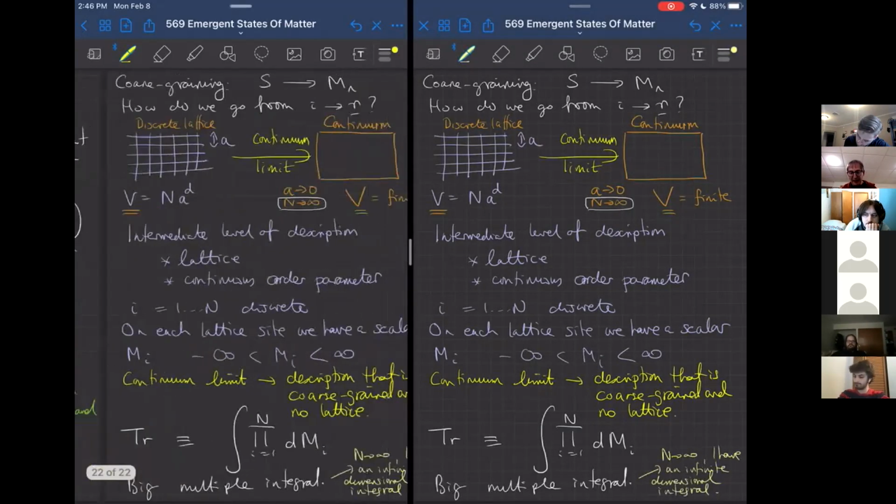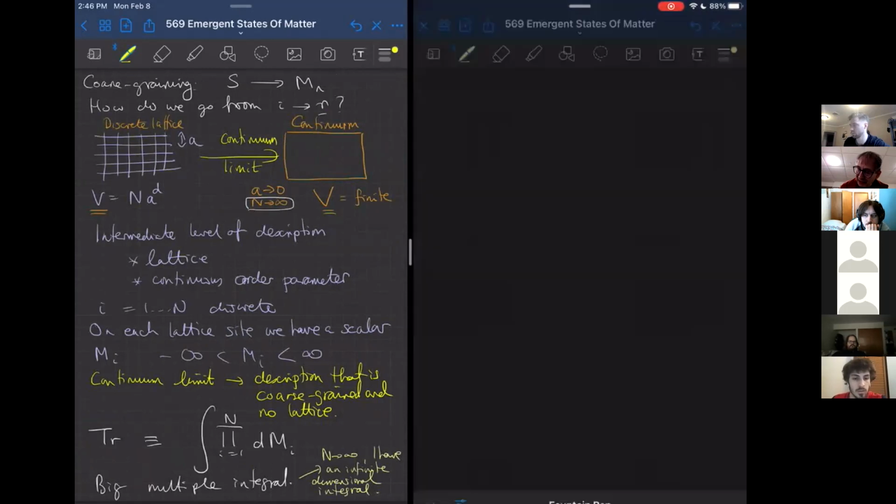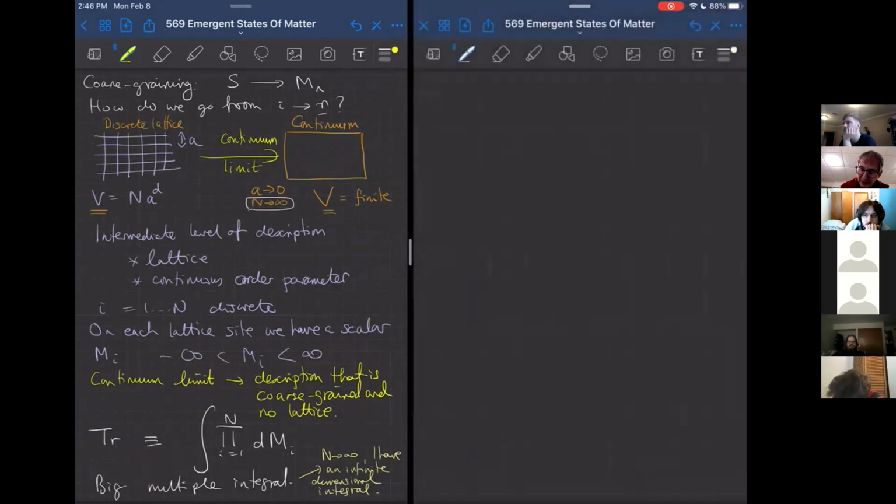So we need to figure out what we mean by doing an integration in that way. So the basic idea to do this technically is to do it in Fourier space.